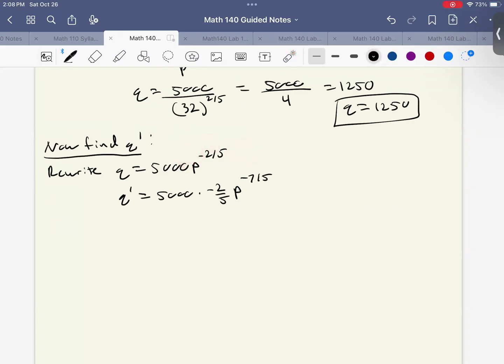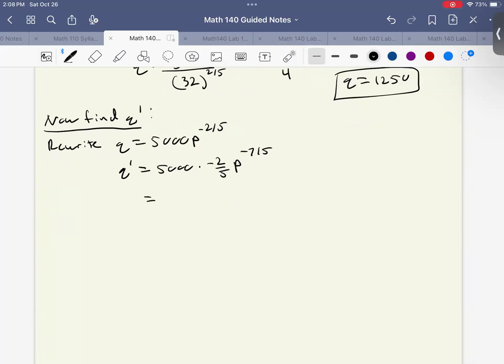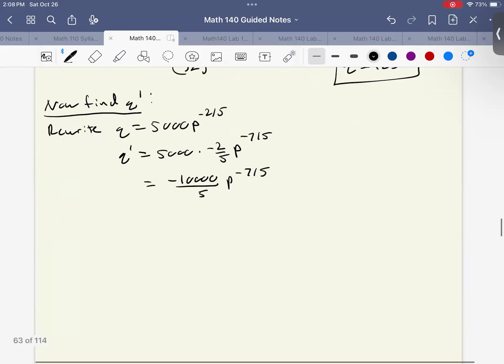Okay, so let's go ahead and simplify this out a bit. So this becomes negative 10,000 divided by 5 P to the negative 7/5. And that becomes negative 2,000 P to the negative 7/5.